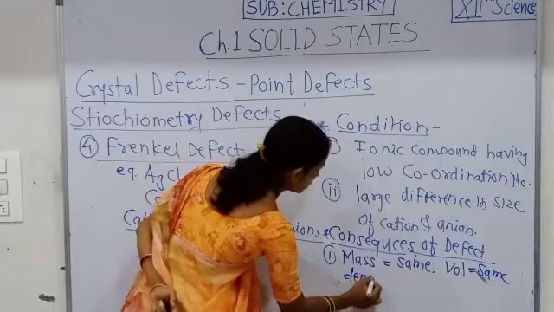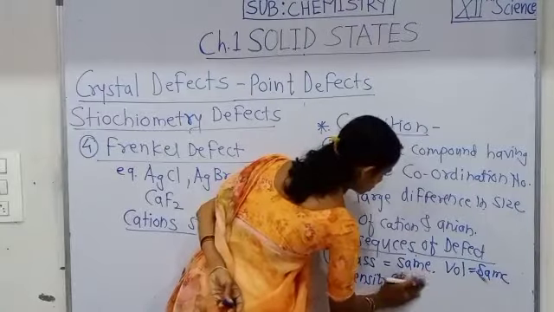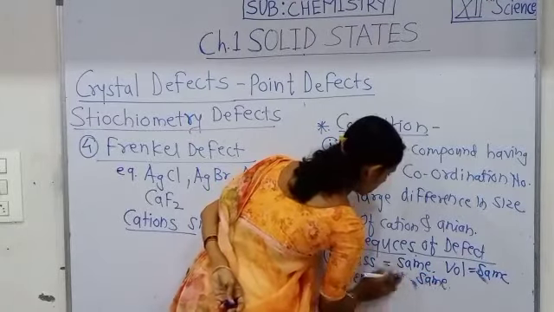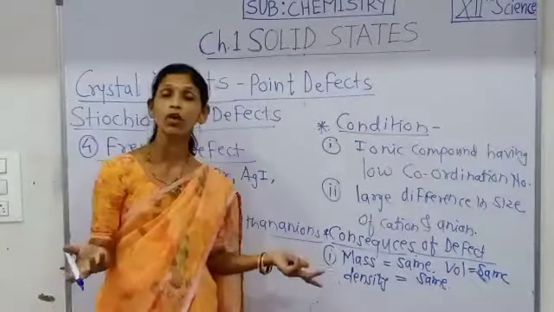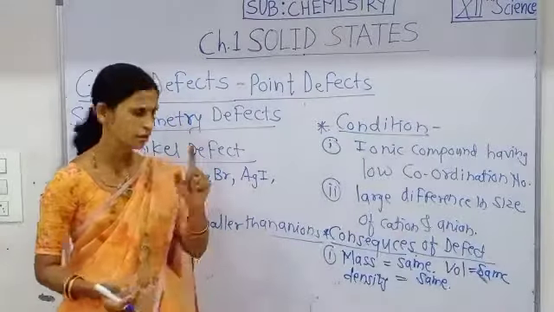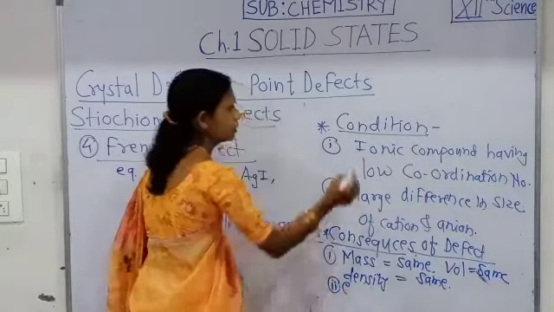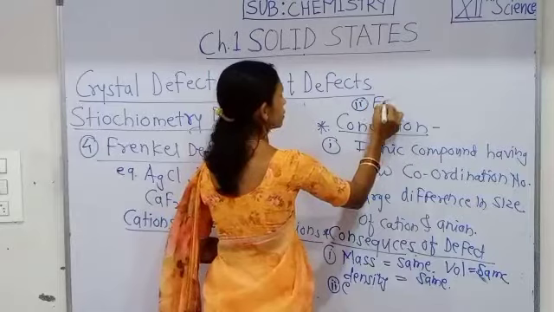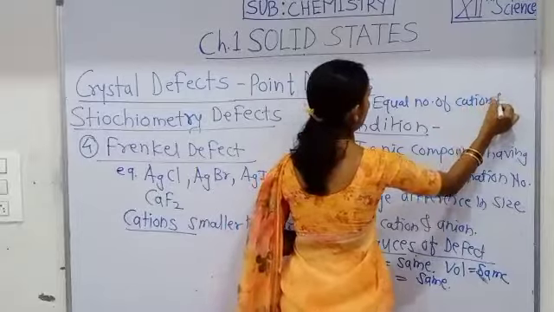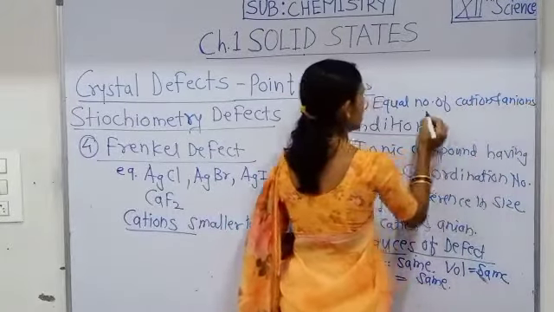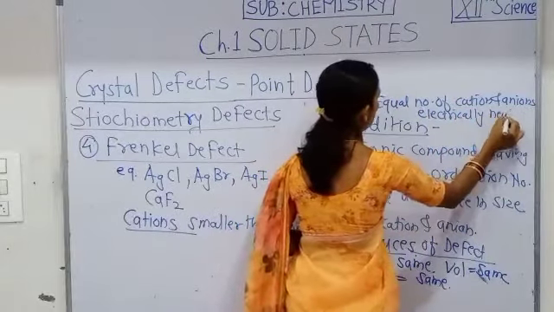Therefore the density does not change. The second consequence is that there are equal numbers of cations and anions, therefore the compound is also electrically neutral in nature.